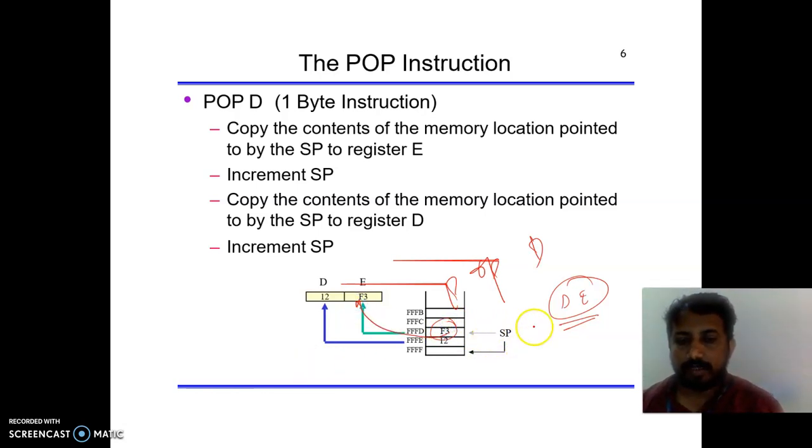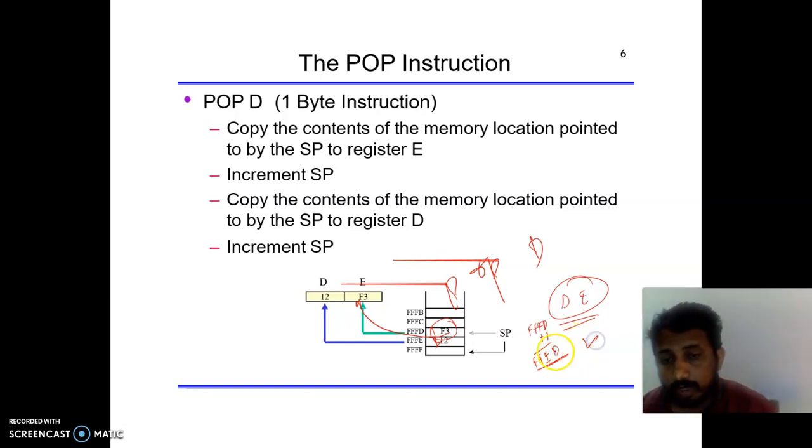Then it increments, adding 1 to the previous value of the memory location. The memory location value was FFFD, adding 1 gives FFFE. It goes to this memory location, takes the byte there and copies it into D. This is because we have given the instruction pop D.